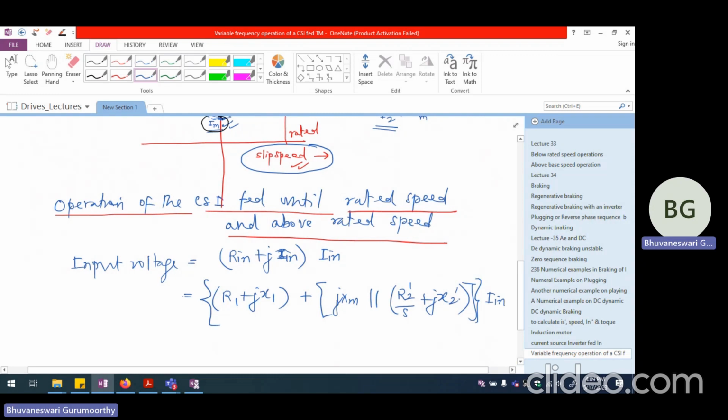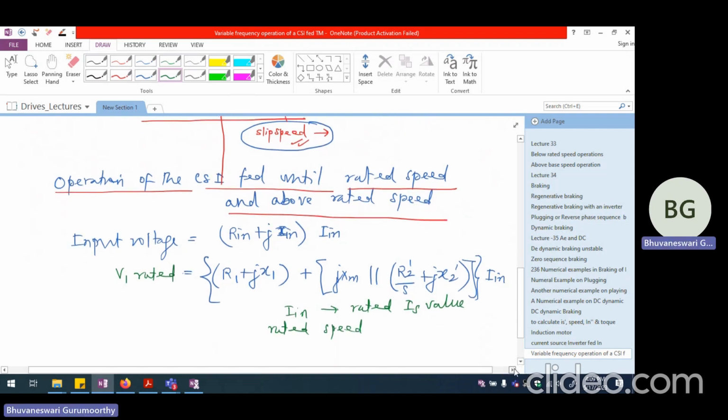If we are talking about rated speed and rated load condition, very clearly this input voltage would have reached V1 rated, if I in is the rated IS value, at rated speed and rated torque condition.